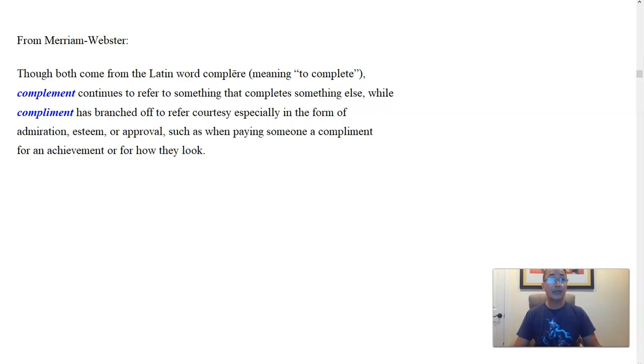In our case, the word complement refers to something that completes something else. So we're going to see how W perp, in a sense, completes W in Rn. The other word, compliment, talks about something nice that you say about another person, let's say. So like you have nice shoes, you have a nice hairdo, that's what you call a compliment.